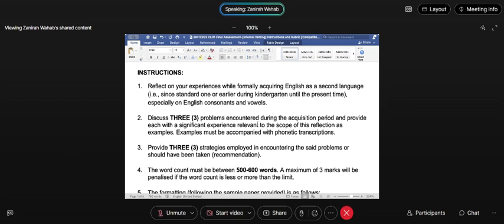Okay, so only choose three problems. Three problems, I don't mind. It can be one consonant and two vowels, or two consonants and one vowel, but I don't want it to be all consonants or all vowels. So try and think, unless you think that there's no more memory that you could dig out.